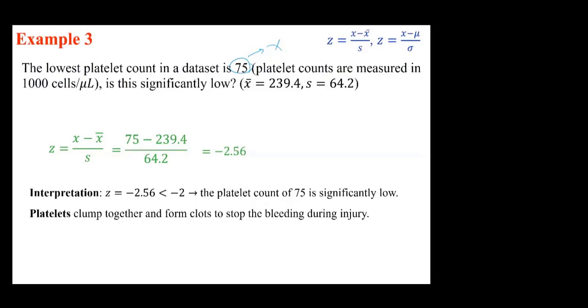Why are we saying it's significantly low or significantly high? We are comparing it to two numbers. One of them is negative 2, one of them is positive 2. So less than negative 2 and larger than 2, it's considered unusual.